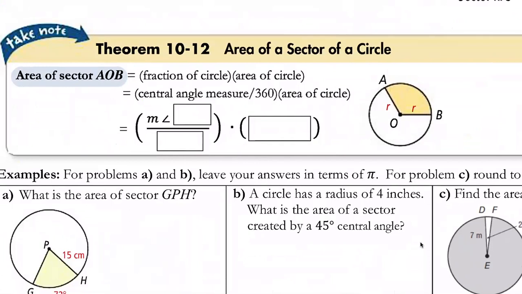Then multiply that by the circle's area. So the measure of the central angle in that picture, the measure of angle AOB, divided by 360, times, and our radius there is r, pi r squared.